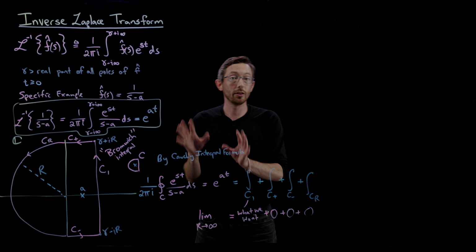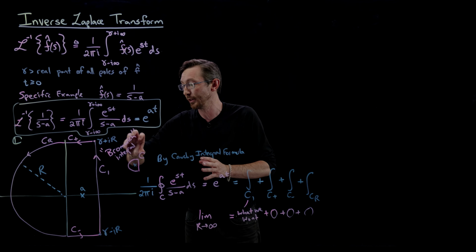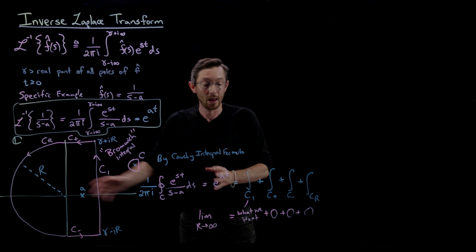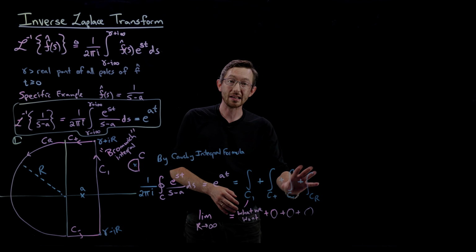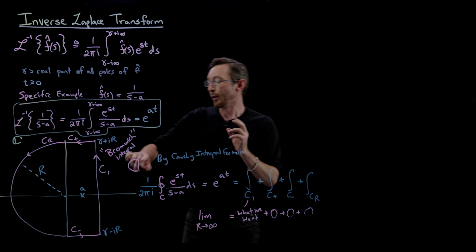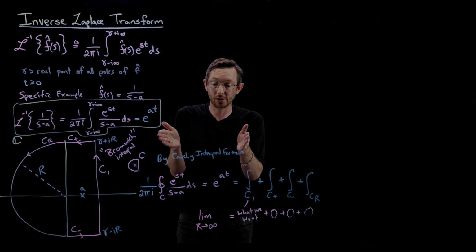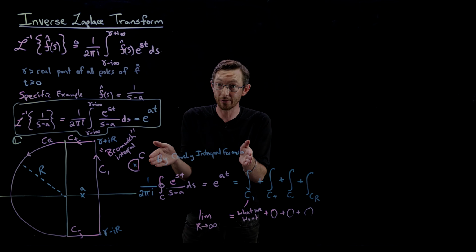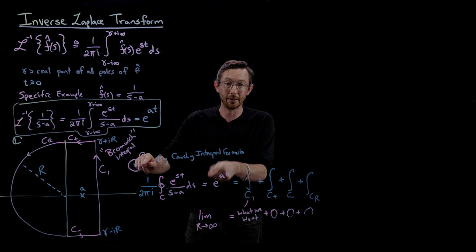Okay, so all that we've used right now is we've cooked up a complex, big, gnarly contour, the Bromwich contour, that I can break into 4 pieces. And solving for each of these 4 pieces is going to be the hard part. But once I've made this big contour integral for any radius r, I can use Cauchy's integral formula very easily to show that the full Bromwich integral equals e to the at.